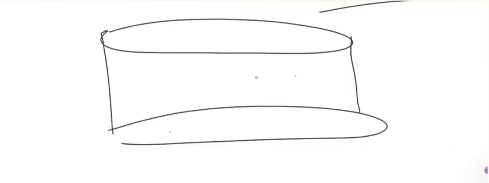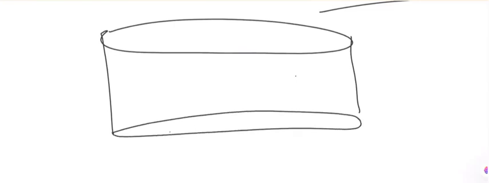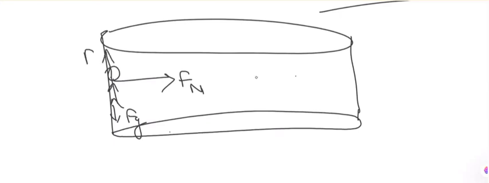Suppose I am having a depth of the well like this. Here, if a person is standing, what type of forces are being applied over it? The normal force is applied here, your gravitational force is applied over here, whereas your frictional force is applied in this direction.